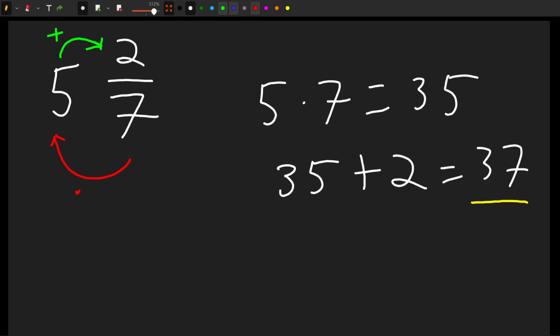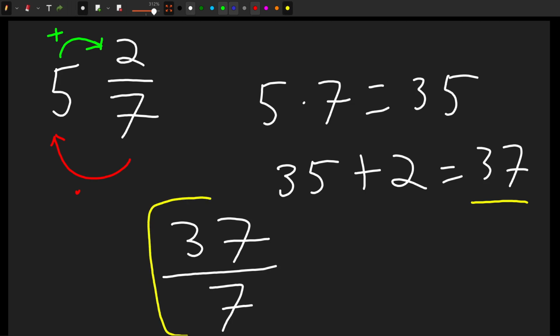So it'll be the new number on top of my fraction. And then the denominator, the 7, is going to remain the same. It'll be on the bottom here. And so 37 over 7 is our answer. Okay, that is converting a mixed number to an improper fraction.